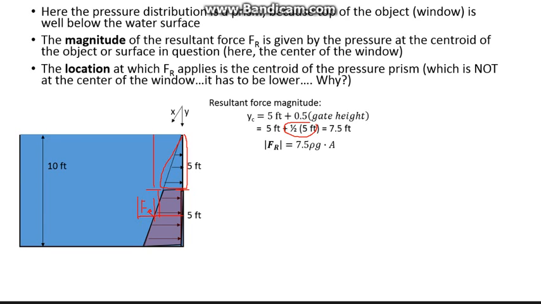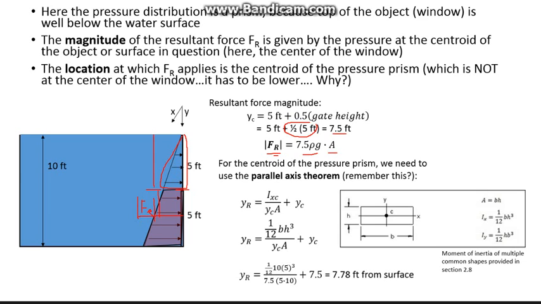So the total distance is 7.5 feet. So the magnitude of the resultant force is 7.5 times rho g times area. Again, pressure times area equals force.